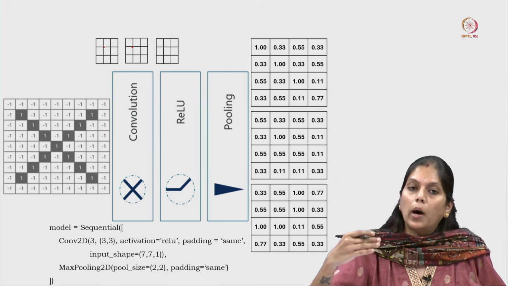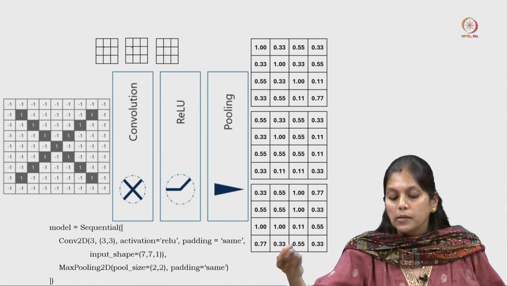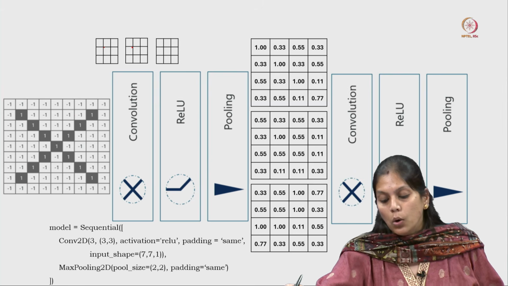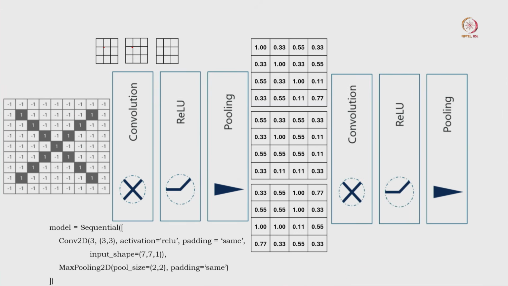Okay. Now, what if you want to apply one more set of operations? Once again you are applying convolution, ReLU and pooling, and again you are using 3 different kernels. Then how are you performing it? The first kernel will go through these entire 3 images, 3 matrices, and you will finally perform the addition.